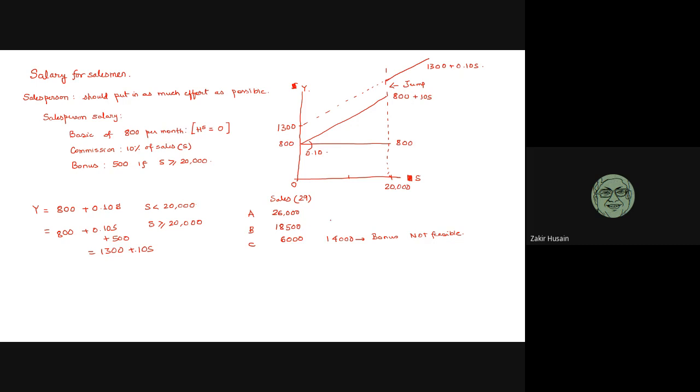Acha. B, how much does he require for the bonus? Sir, just 1,500. He might try hard to sell 1,500. So in this case, yeah, 1,800, this is possible. Yes, sir. In that case, he is going to get the bonus.